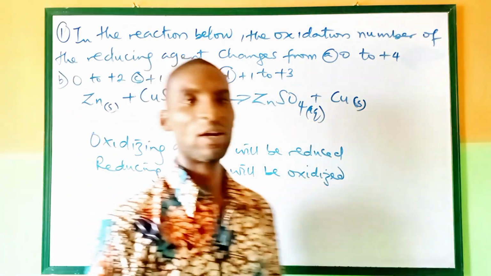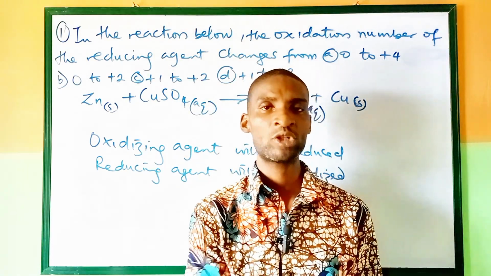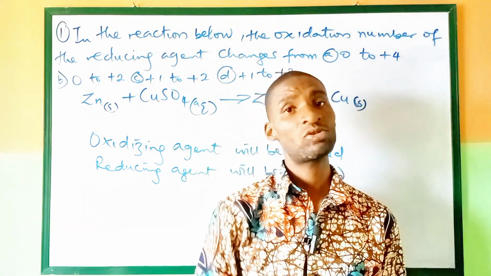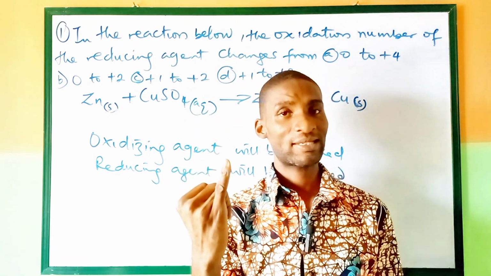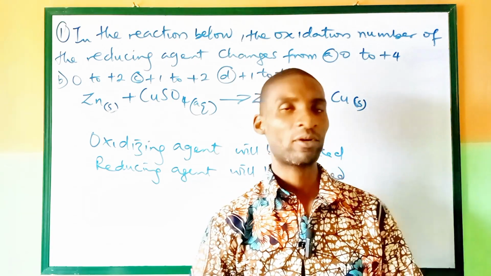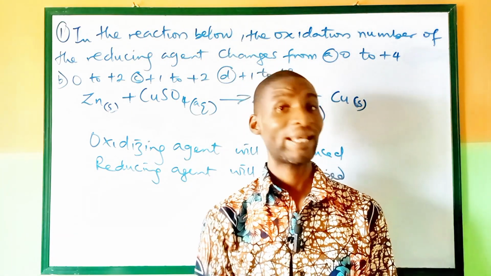Now, there are about 6 parameters which I discussed in my video on introduction to redox reaction. I discussed 6 parameters that you can use to define oxidation and reduction. I defined number 1 in terms of oxygen, which is the popular one that most of you students are aware of. But redox reaction is much more than oxygen and hydrogen.